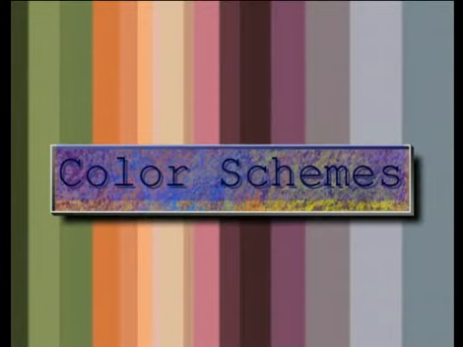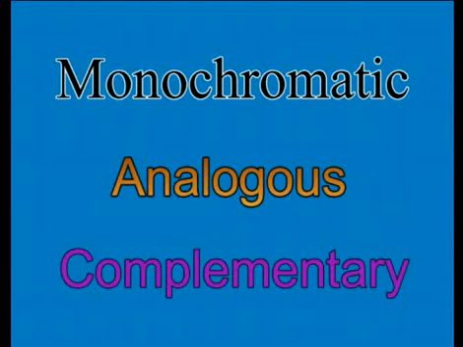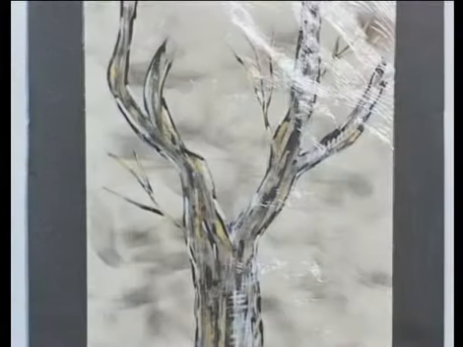Now we talk about color schemes. Color schemes are for achieving satisfying relationship of color in a work of art. The three most recognized color schemes are monochromatic, analogous, and complementary color schemes. Monochromatic color schemes are ones that employ various values and intensity of a single hue.